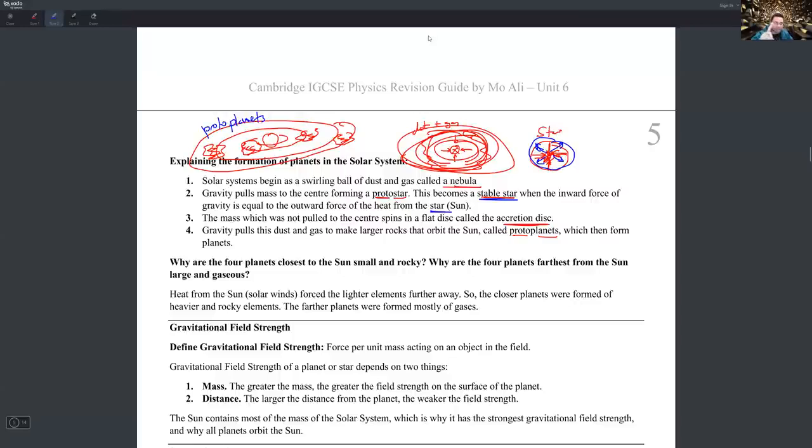Now, one second. While this is happening, while this is spinning, you have gravity and you have the heat from the sun. But this is important. The heat from the sun causes most of the gases to expand outwards. We call this expanding gas solar wind.